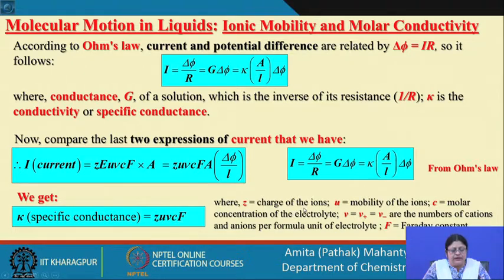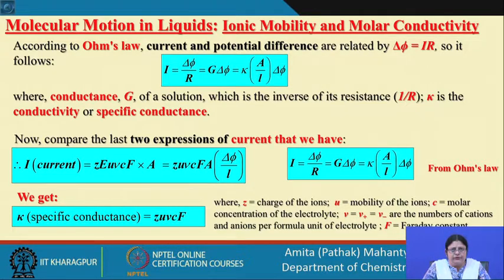Z is the charge of the ions, U is the mobility of the ions, and C is the molar concentration of the electrolyte which we have used. Nu here, in the last expressions, we have simplified and taken only nu, where nu plus and nu minus is equivalent to nu, because we are taking an electrolyte.